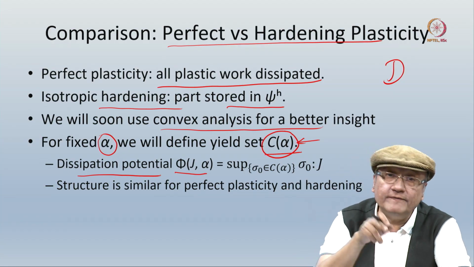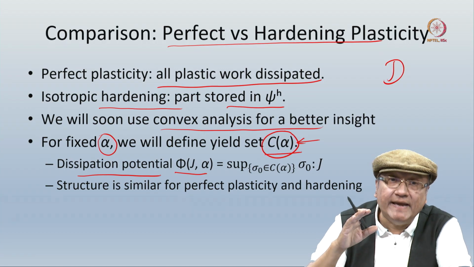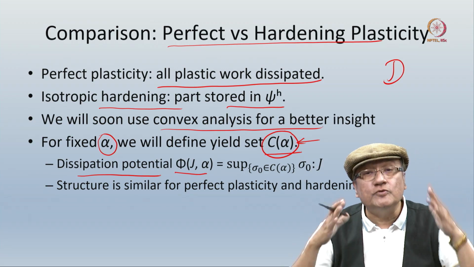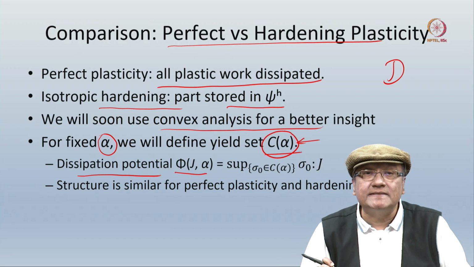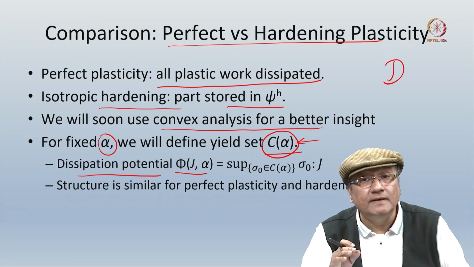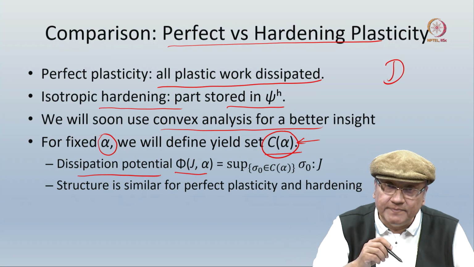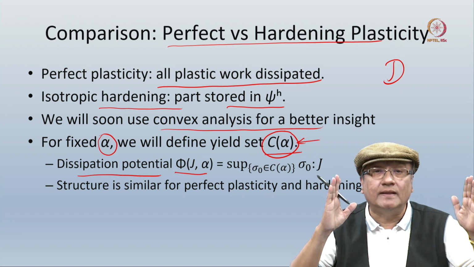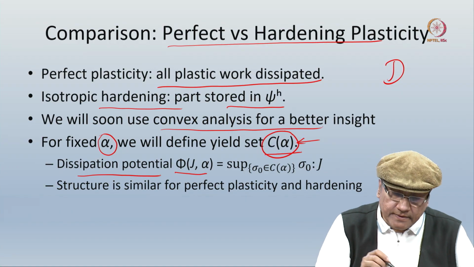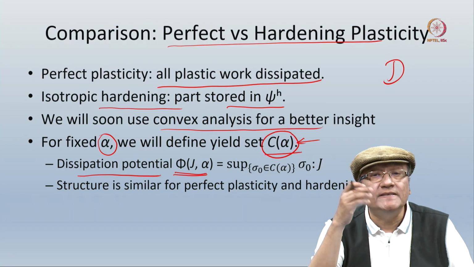If you go for convex analysis to do the same thing, automatically there will be energies that will be developed which will create a wall, an automatic wall, so that this explicit accounting of the stresses belonging to C alpha need not be done. You understand? This extra energy that comes, which produces that huge wall on the boundary of the set C alpha, is called the dual of this dissipation potential. We call it phi star.